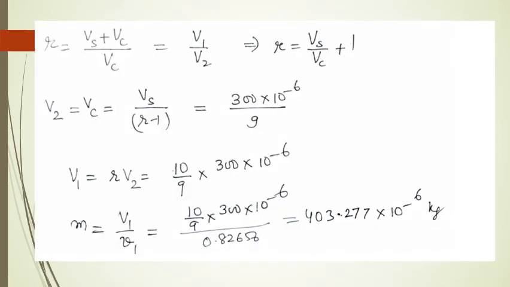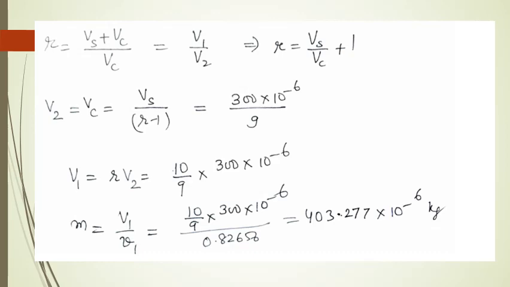r, which is the ratio of Vs plus Vc and Vc, or the ratio of V1 and V2. With the help of these expressions, we can determine the value of V2 or Vc, which comes out to be equal to 300 into 10 to the power minus 6 divided by 9. V1, which is equal to r times V2, comes out to be 10 into 300 into 10 to the power minus 6 divided by 9.